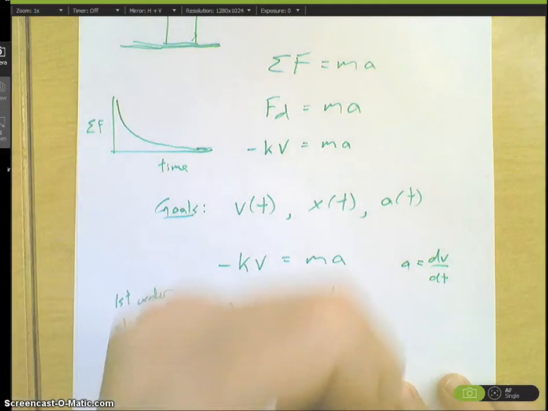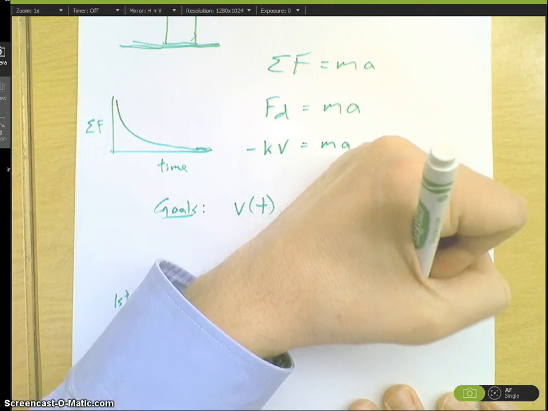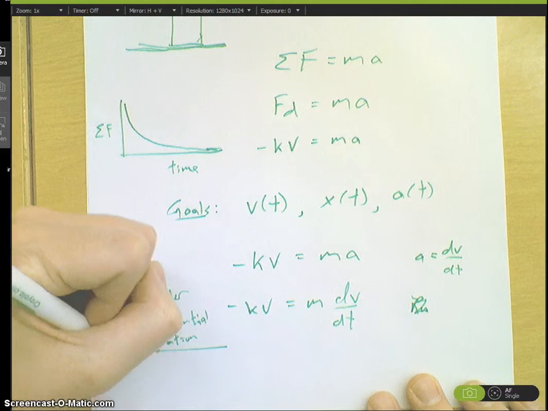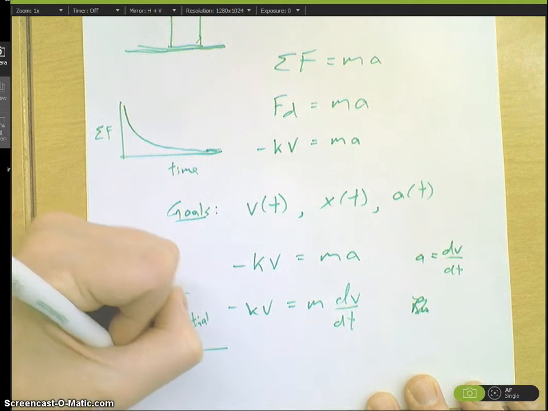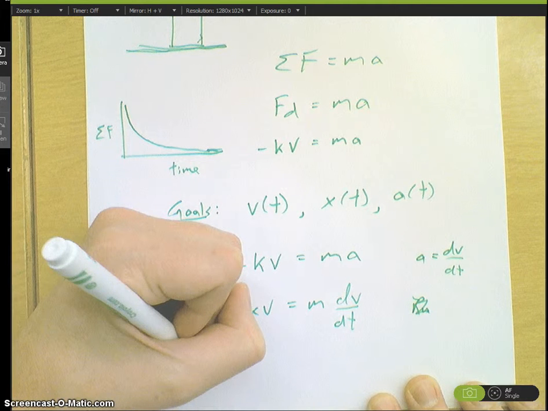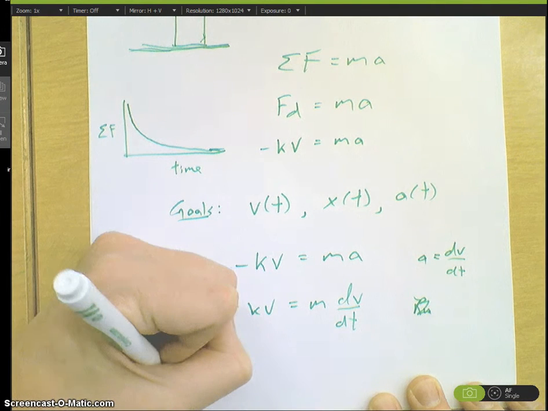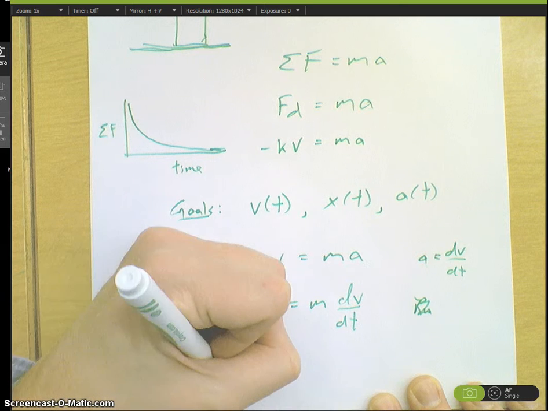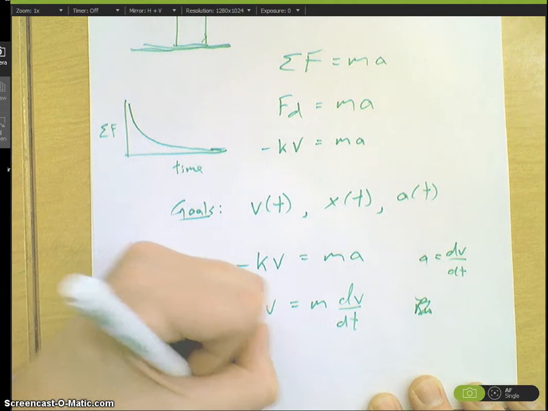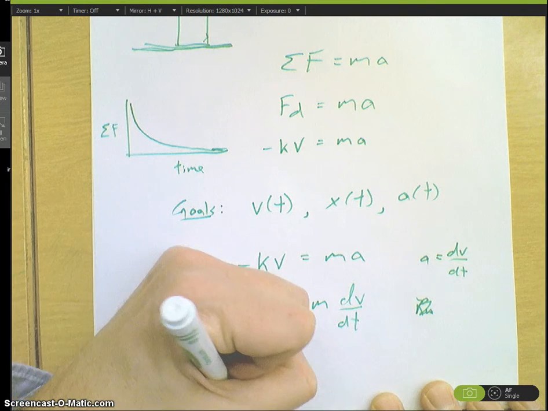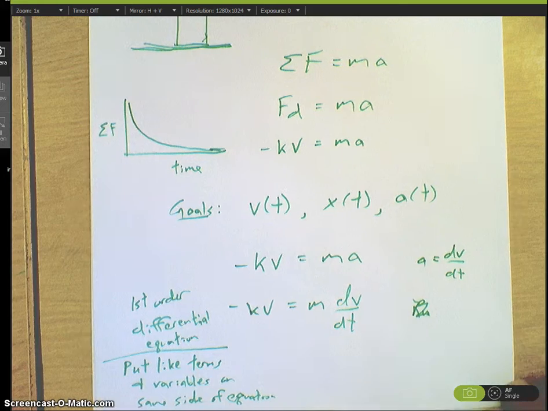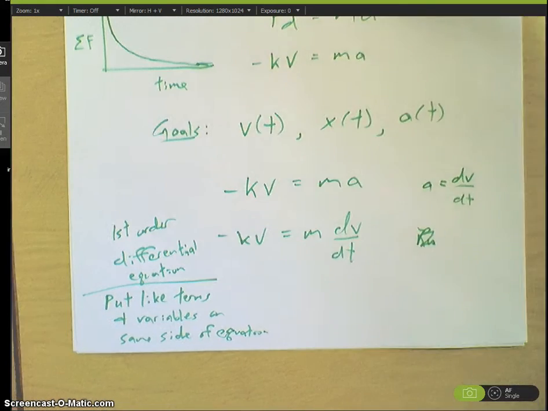All right, so the rules of solving a first order differential equation are, number one, put the like terms and variables on the same side of the equation.